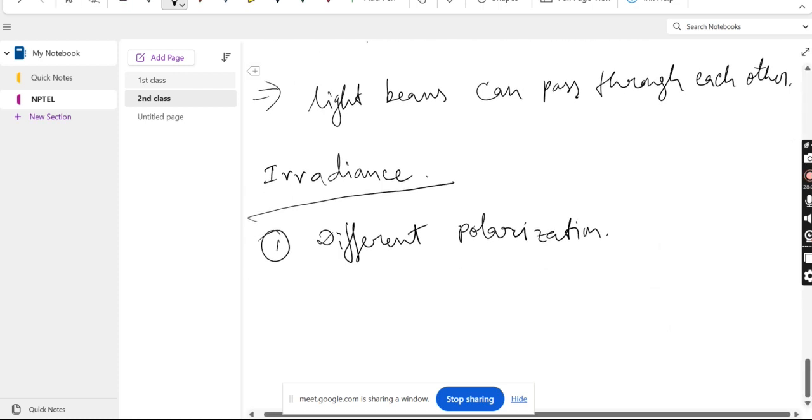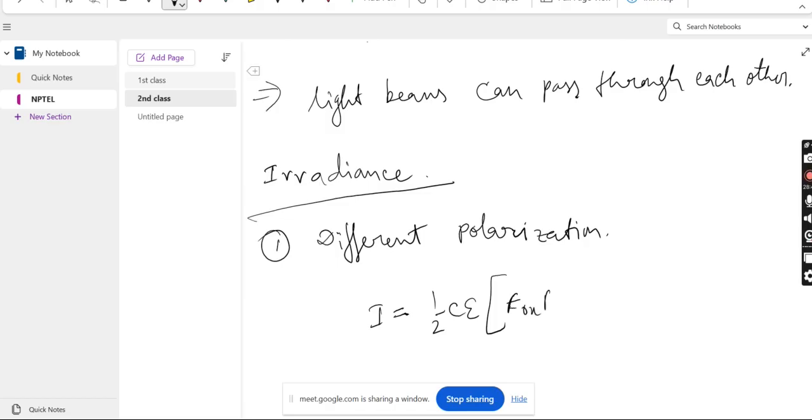So if they have different polarization, we assume that one electric field is moving in the X direction, another in the Y direction, because we definitely don't want to assume that one of the electric fields is in the direction of propagation of the wave.